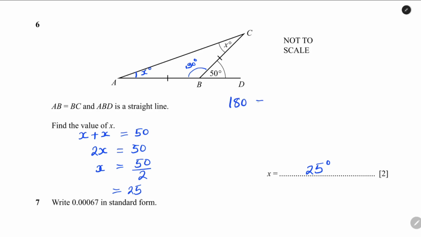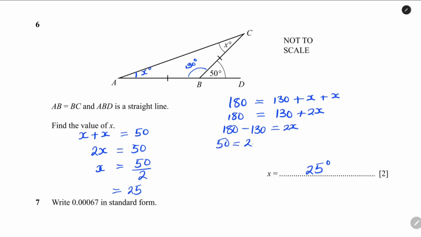So 180 should give us 130 plus x plus x. So 180 equal to 130 plus 2x. 180, if this 130 comes over here, it becomes negative. Minus 130 equals 2x. 50 is equal to 2x. And therefore, 25 equals x. Observe that whichever way we do it, we're still going to have our x as 25.